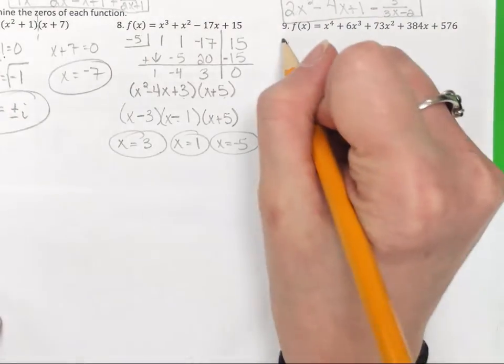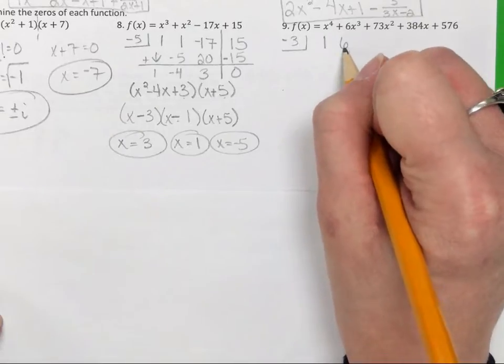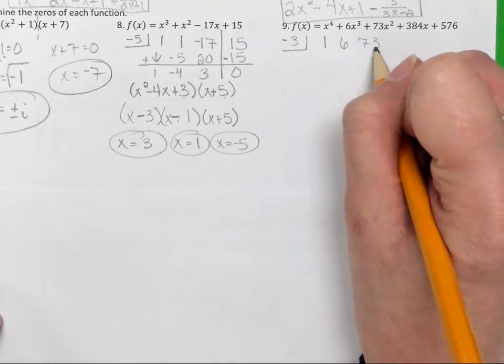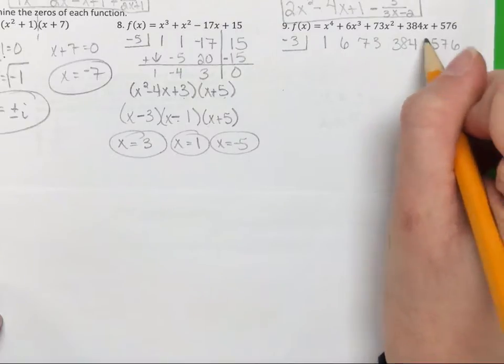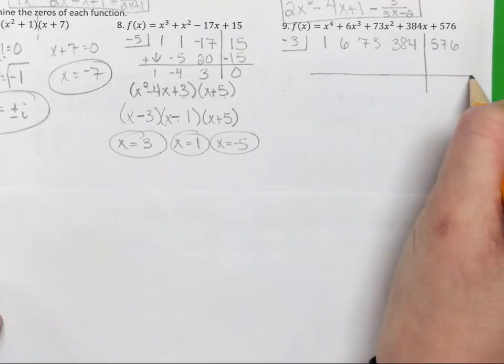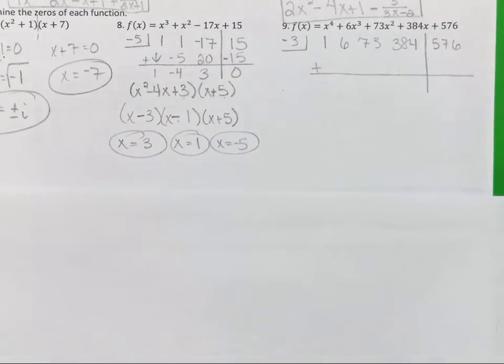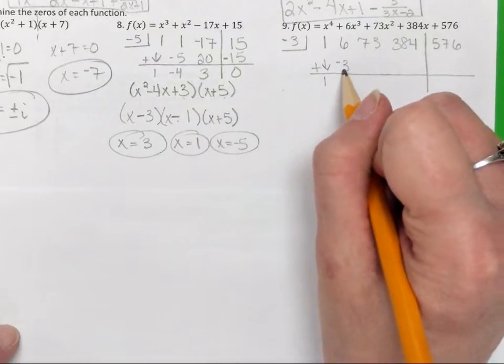All right, so let's do negative 3. Am I missing any exponents? Nope. So I got 1 for x to the 4th, 6 for x to the 3rd, 73 for x squared, 384 for x, and 576 for my constant. Are y'all okay? Alright, let's see. Bring it down, multiply.